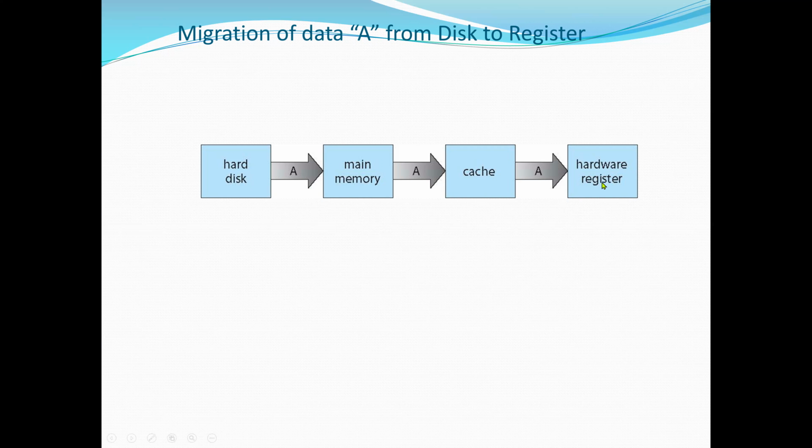The register is inside the CPU, which is a very small storage device holding the current data or program that needs to be executed. Cache is next. In some technology designs of the computer system, we may have the cache inside the CPU.